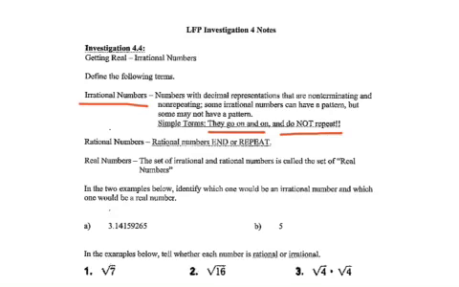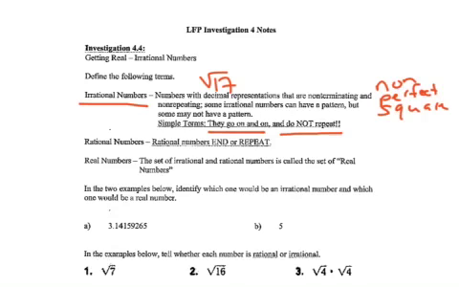Another example of an irrational number is basically any decimal that goes on and on and on, but does not repeat. Another example would be any non-perfect square. So I would definitely write that down if it were me. All non-perfect squares are irrational because, for example, the square root of 17.